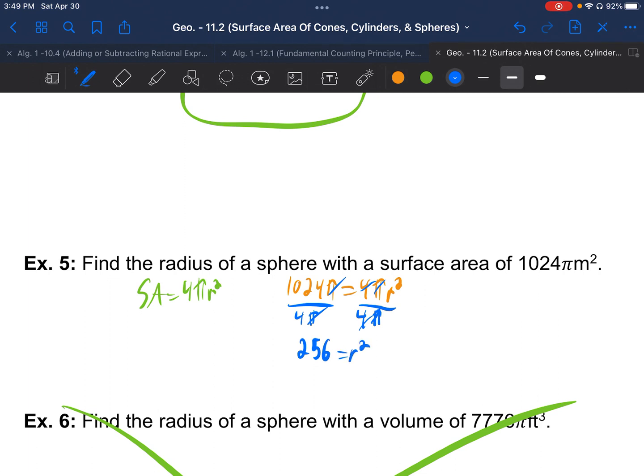So then we had to square root that to get r by itself. And the square root of 256 is exactly 16. So the radius is exactly 16 meters. That is all for today for section 2.